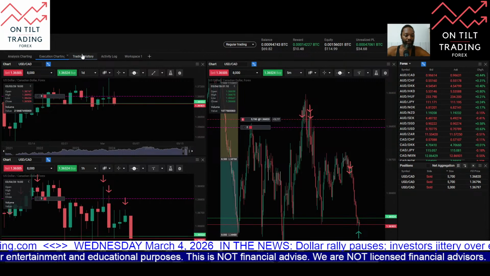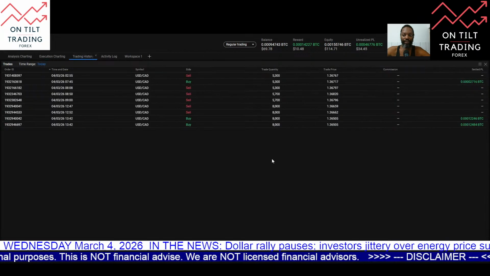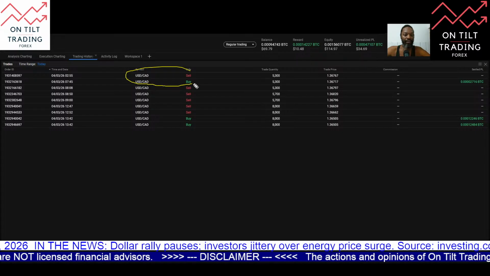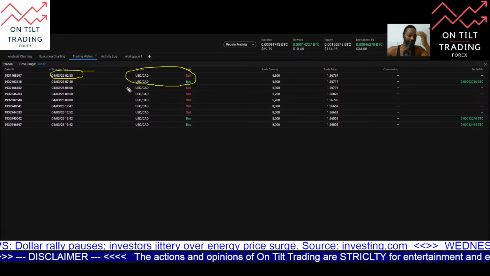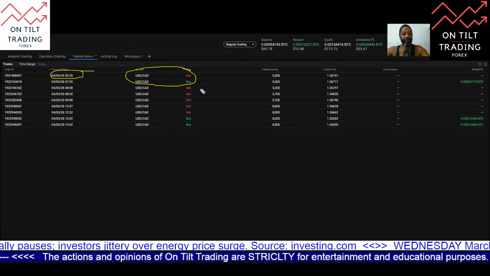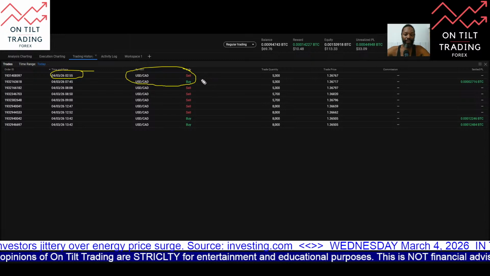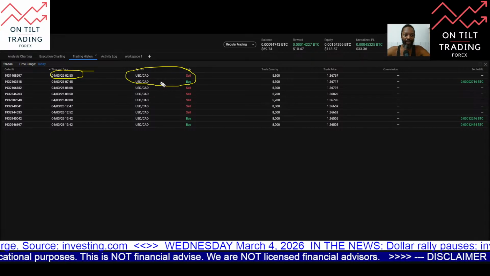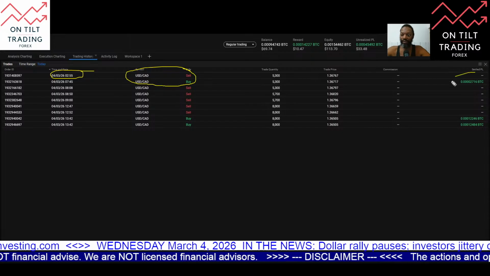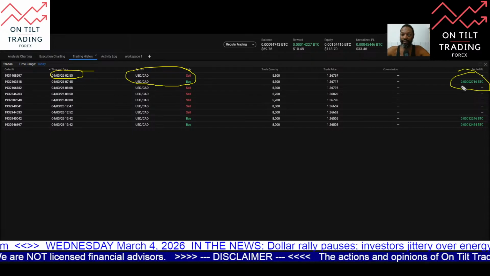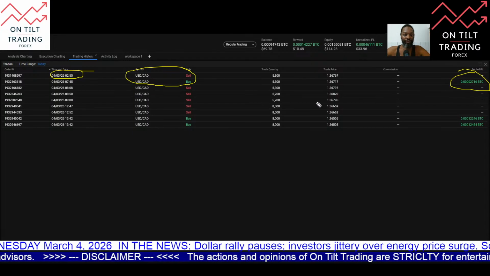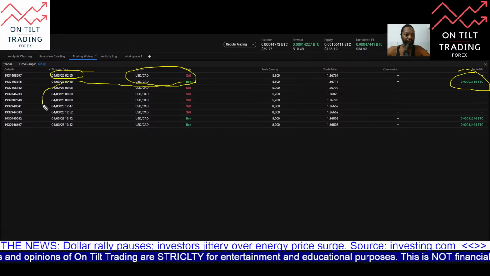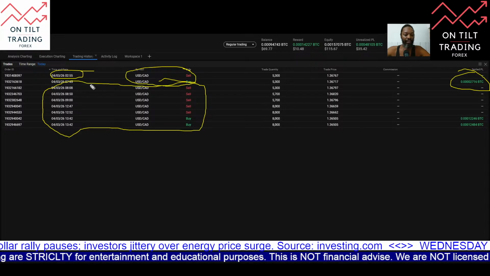If we head over to my trading history for today, this was an entry here. This entry would have been valid, but after making the adjustments to my system from yesterday, I wanted to change my stop loss. So I wound up taking this position off while it was still just slightly profitable. I took this position off and then waited to see if I got another retest, which then came here, and then this is the current position as it stands.